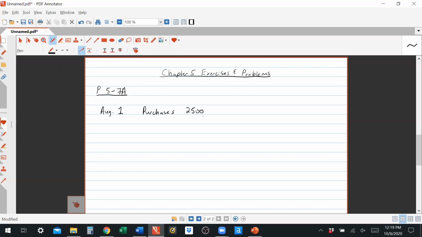Debit purchases, and it said all transactions were on account unless specified otherwise, so credit accounts payable. We owe Norris Corporation for this inventory. If we pay within 10 days, we get a 2% discount. Otherwise we have to pay the full amount within 30 days.